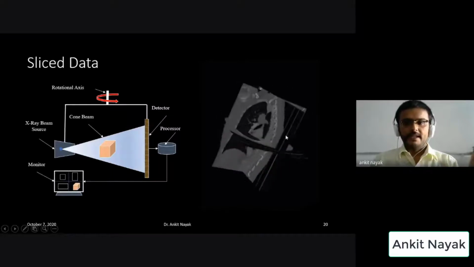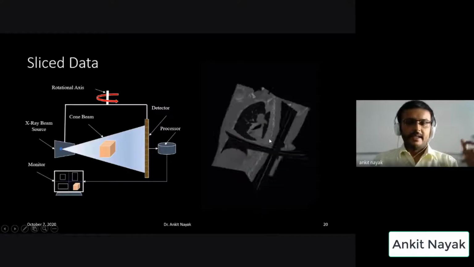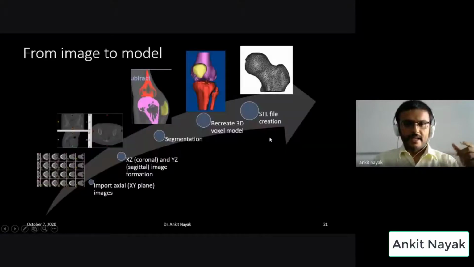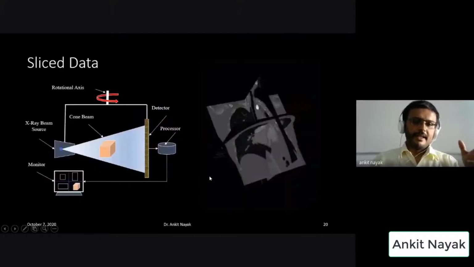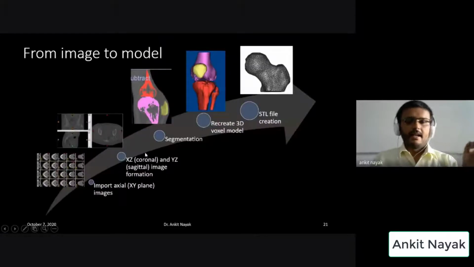Here you can see the different slices of the CT scanning images. So first we have seen the CT scanning, the CBCT scanning process, and then we told you about the image to model conversion.